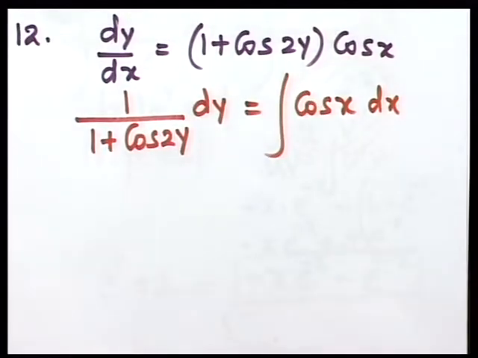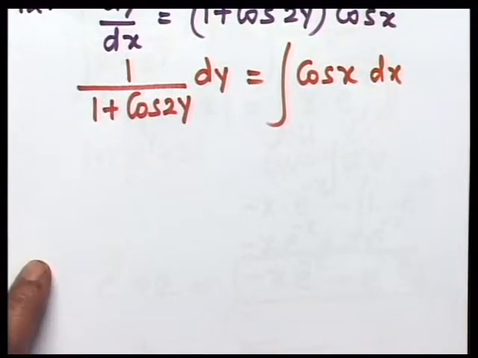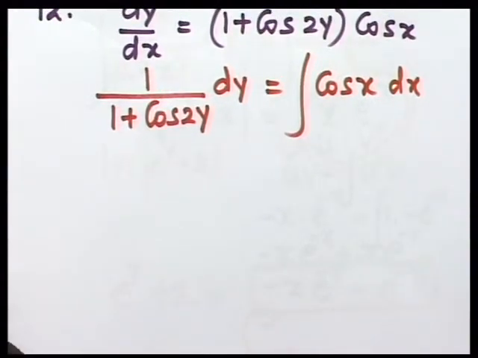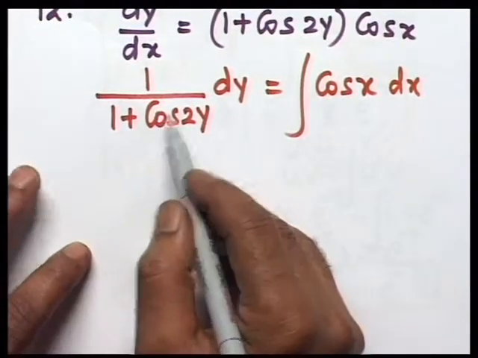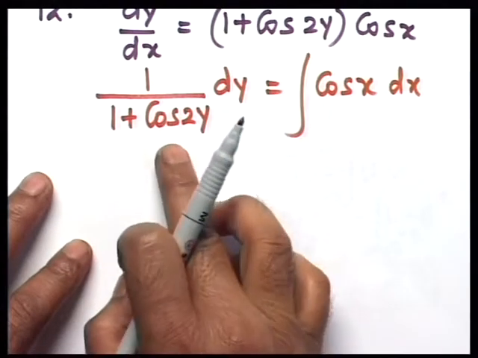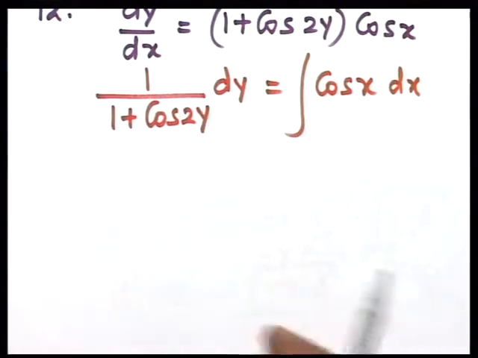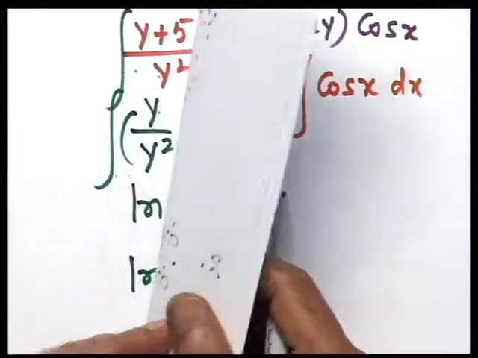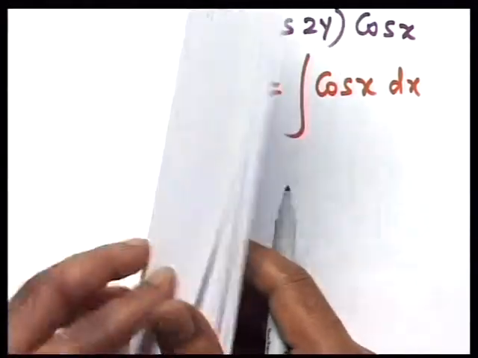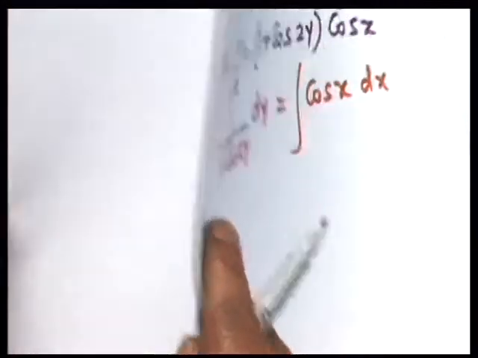Now, wow, this looks very interesting. 1 over 1 plus cos 2y. What do we do? You know the double angles, if you actually see, I will take you through another page there. You might have done these questions. Just want to take you through if you forgot about it.